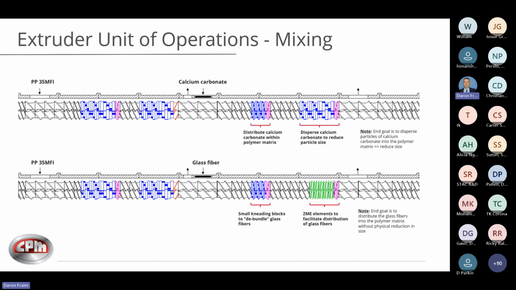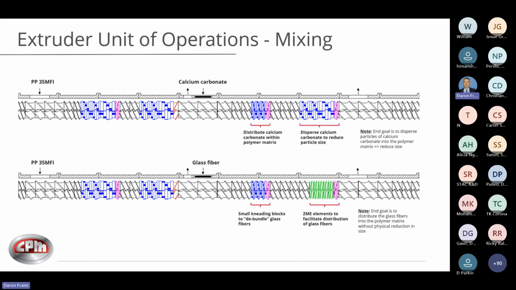I always tell people that's a good exercise to do a DOE to validate. But what's generally recommended when you're bringing in that calcium carbonate is to distribute it first. You want to wet it out and move it around uniformly into the polymer matrix, and then physically reduce its size. So typically, I will approach this by trying to distribute that calcium carbonate and then disperse it.